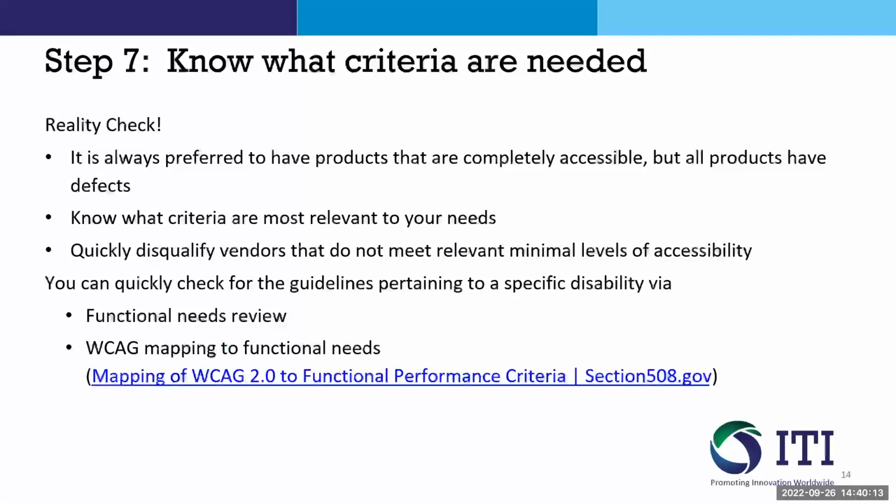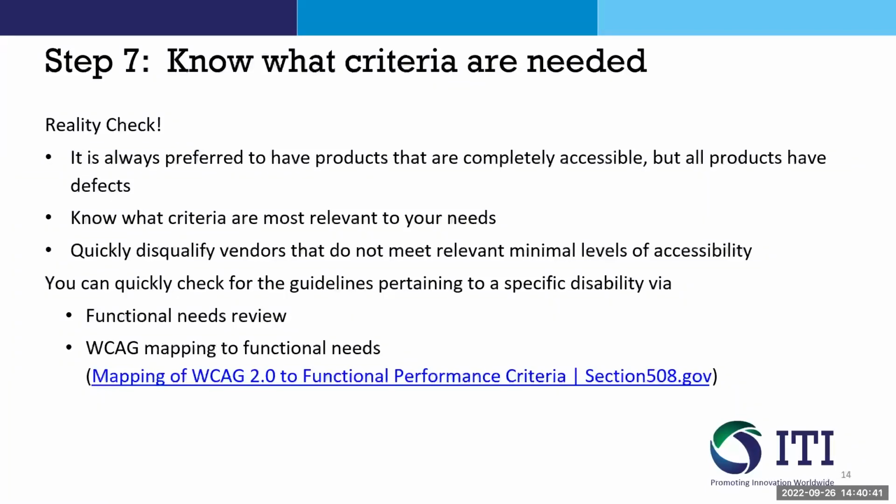This can help you quickly disqualify vendors that don't meet these minimal levels of accessibility, and it can also help you disqualify maybe certain products. I guess the vendor and the product would be kind of synonymous, but you could look at that. If this version of what I need is very inaccessible to this population, then you probably can't purchase it.